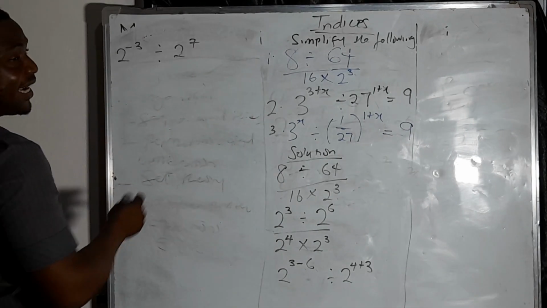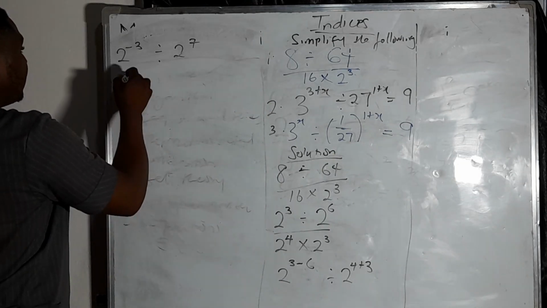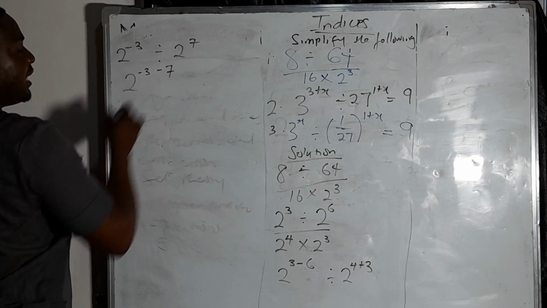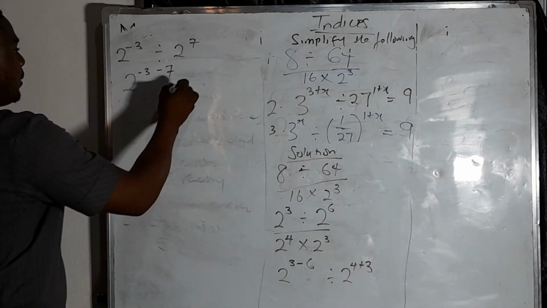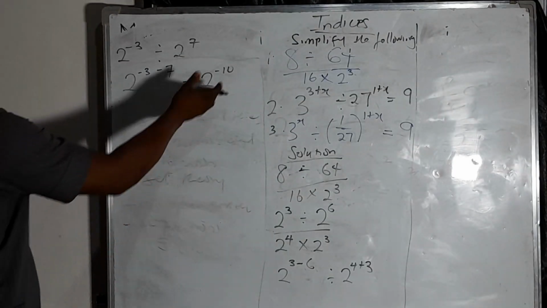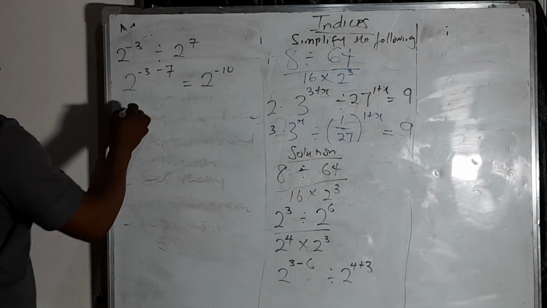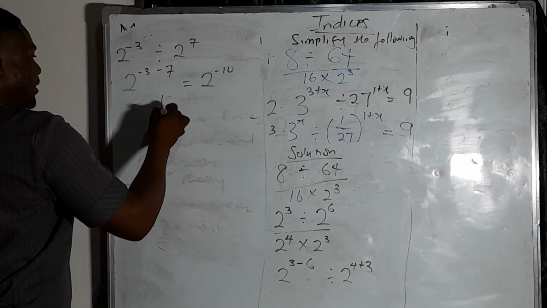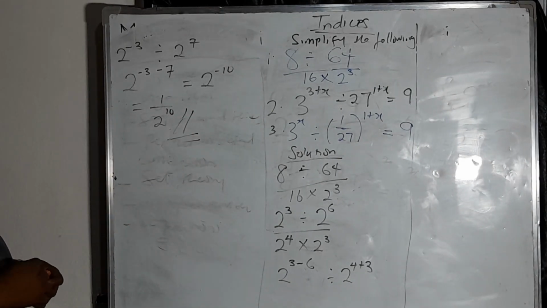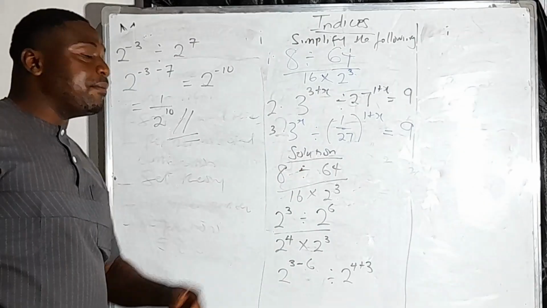Now we still need to apply the division law once again. So we have 2 raised to the power of minus 3 minus 7. And that gives us 2 raised to the power minus 10. By applying the reciprocal law to the answer, we have 1 over 2 raised to the power 10 as the final answer. So that's for the first example.